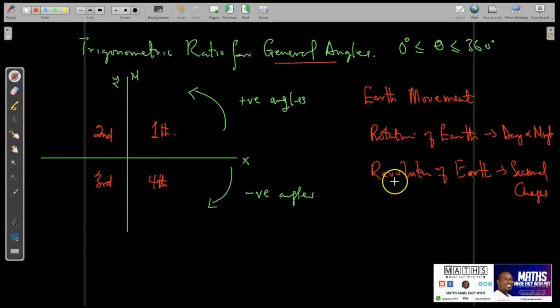Good. So revolution of the earth goes in the anti-clockwise direction around the sun. And then rotation goes in the clockwise direction on the earth's own axis.